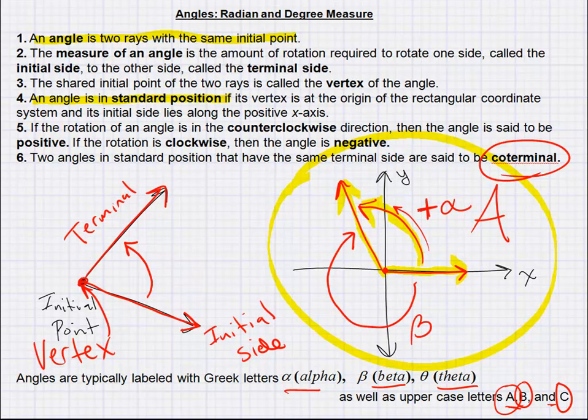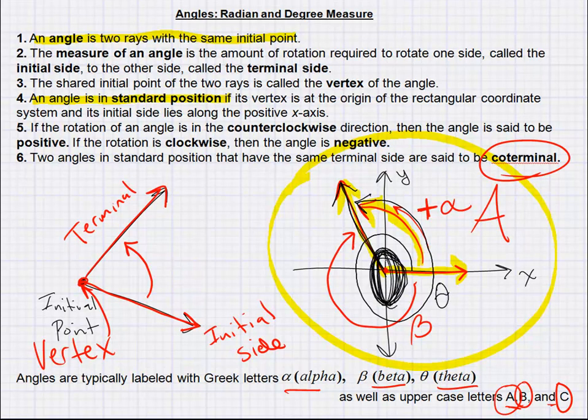Another angle that's coterminal to these two would be, say, an angle that starts in standard position, rotates all the way around once, and then keeps going, and then eventually ends right here. So it ends right here again. That angle, which we'll call, I don't know, theta, that's also coterminal to the other two. I mean, I could go around 50 times.